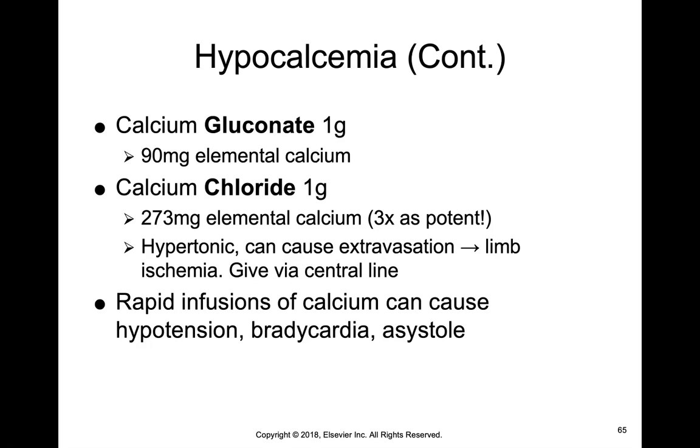You can see that calcium chloride has way more elemental calcium than calcium gluconate. It's about 3 times more potent. With calcium chloride, you have to be very careful because it is 3 times more potent. Typically we want to give it in a high flow vein, such as a central line, because it is so hypertonic and it can cause ischemia.